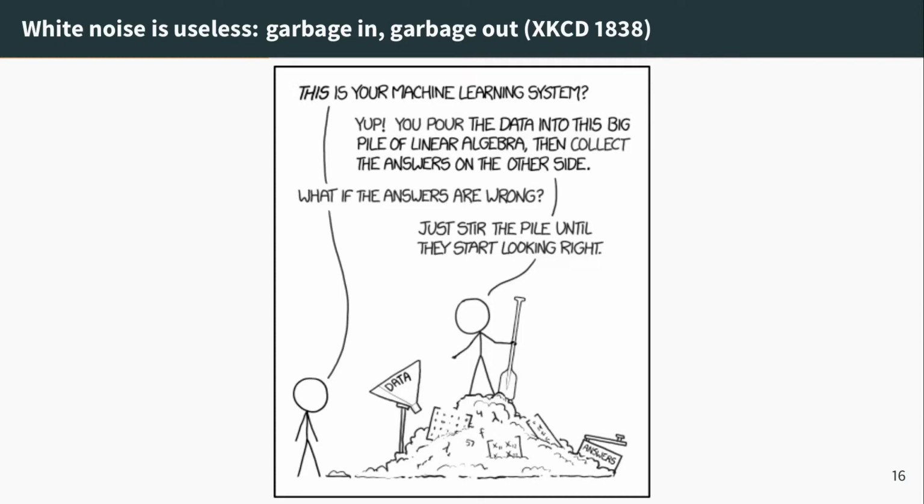And maybe this is a naive version of the image that people have about machine learning. This is your machine learning system: you pour the data into this big pile of linear algebra and collect the answers on the other side. And what if the answers are wrong? Then you just stir the pile until they start looking right.